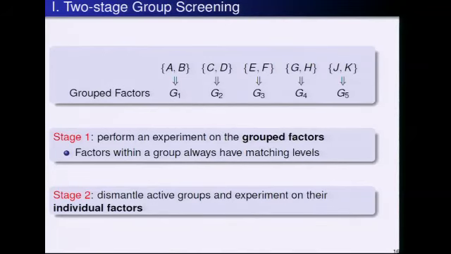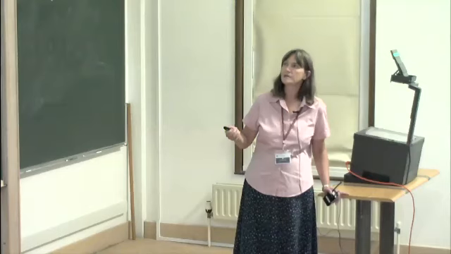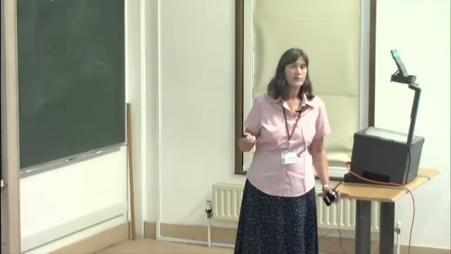So first of all, for those of you who don't know, this is what group screening is. Here's an example with 10 factors, and I put them into groups. Here are groups of size 2, but the groups don't have to be the same size. They can be any size you like. In stage 1, we're going to perform an experiment on the grouped factors, which means that if I decide that group factor G1 is at the high level, what I really mean is that the two factors within the group are both at the high level.